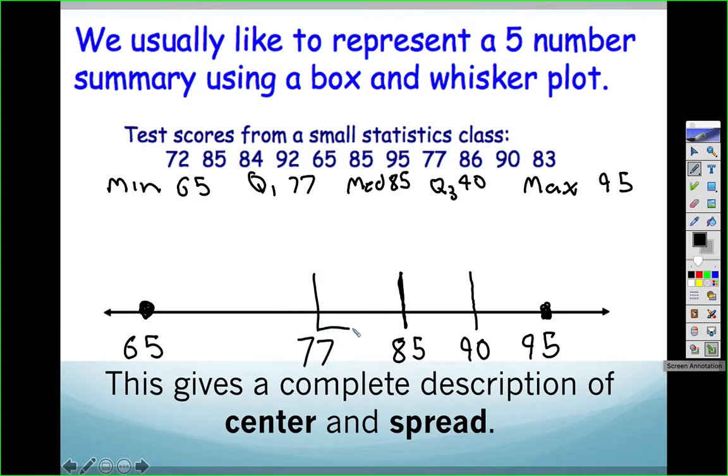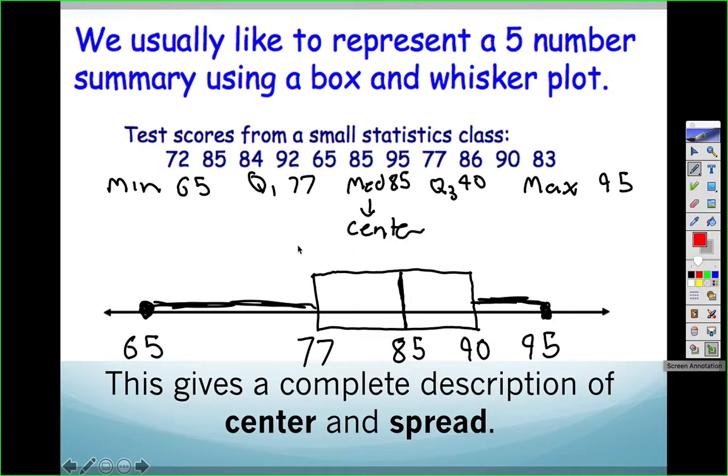So how does a box and whisker plot work? You draw a box from Q1 to Q3. You draw whiskers to the minimum and maximum unless they are outliers. And there it is. Now this shows you shape, center, and spread. I'm going to remind you. What is the center? The center is the median. That is a measure of center.